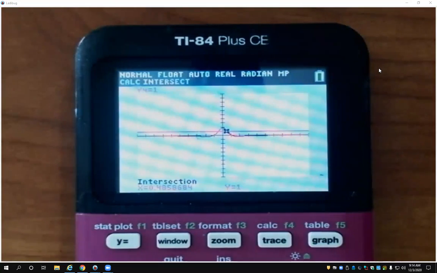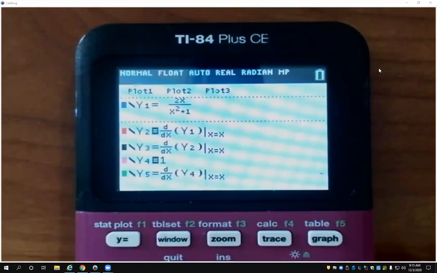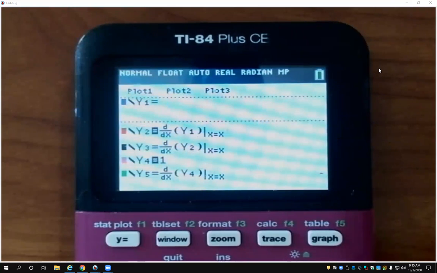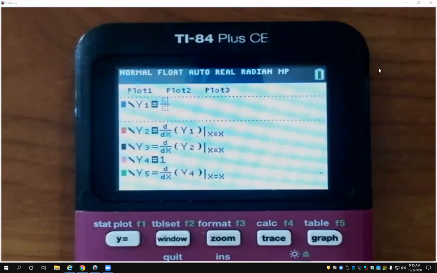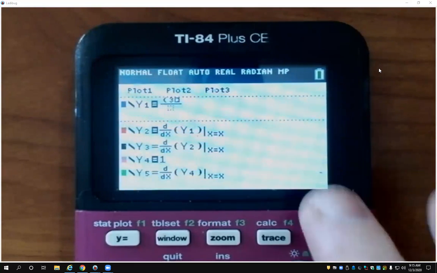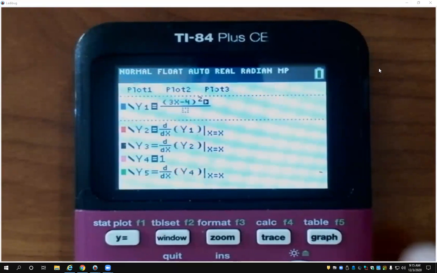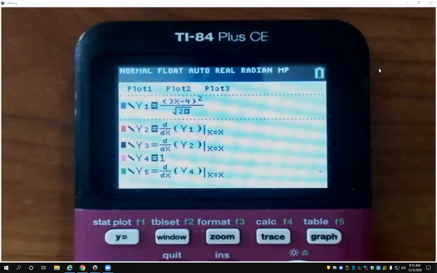All right, so go back in here. My function is a new thing, so it's a fraction. I'm going to pick my fraction bar. I got 3x minus 4 squared in the numerator, and I got the square root of 2x in the denominator.